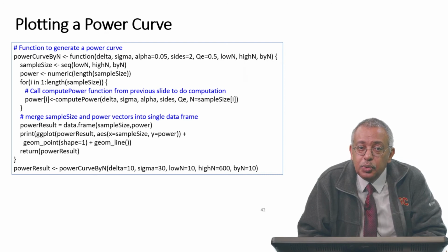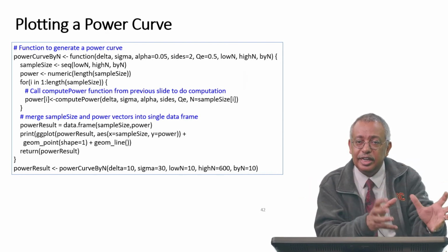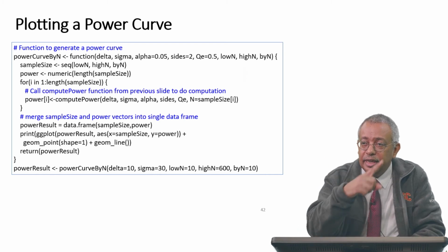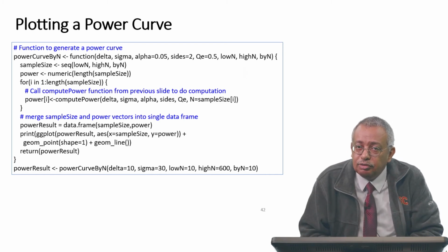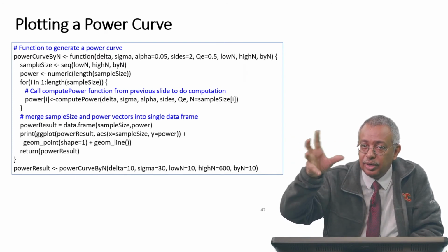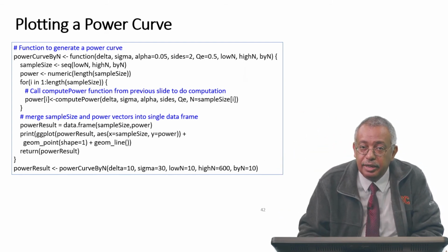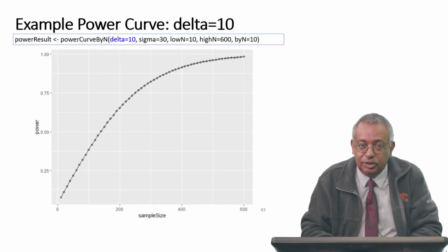The other thing you can do is vary the values, either the variance or the power or the detectable difference, and you can calculate these numbers for a range of values and graph them so that the investigator can have a sense of where to spend resources and how much to give up or how much to gain by including more participants or excluding participants from the study.